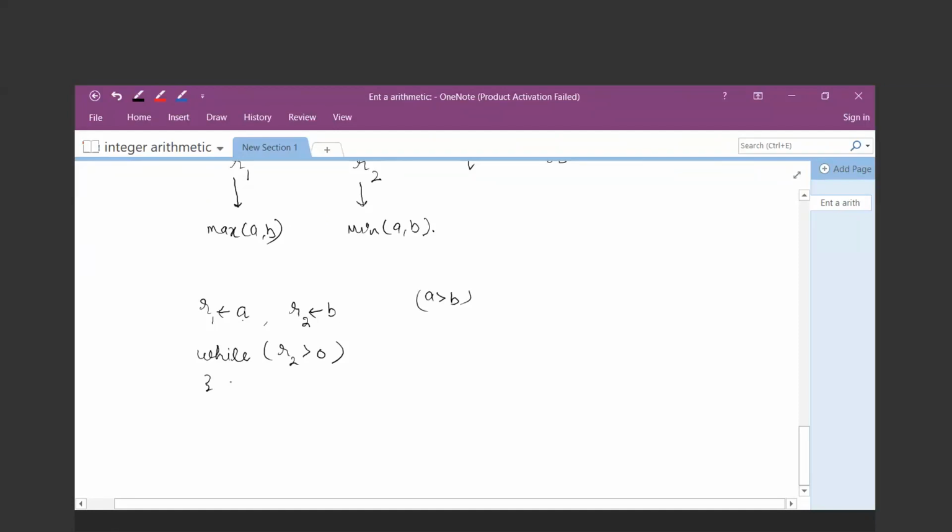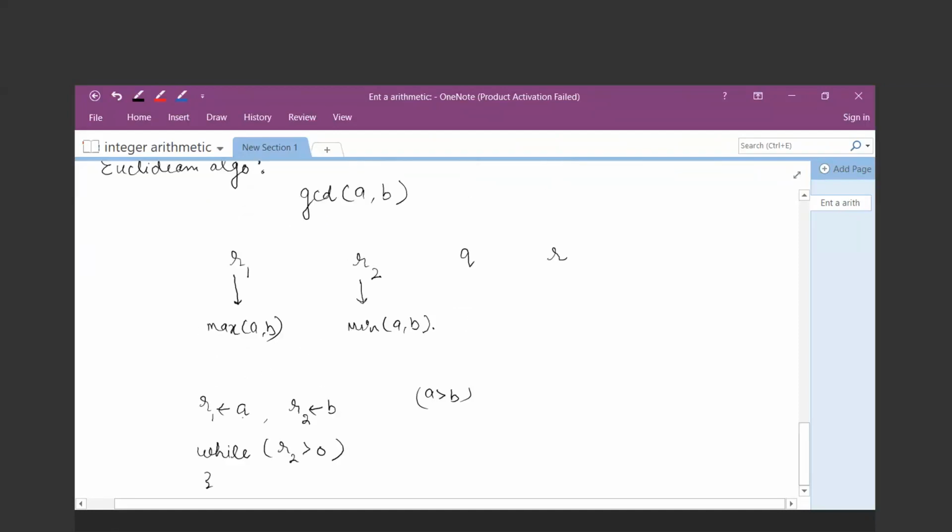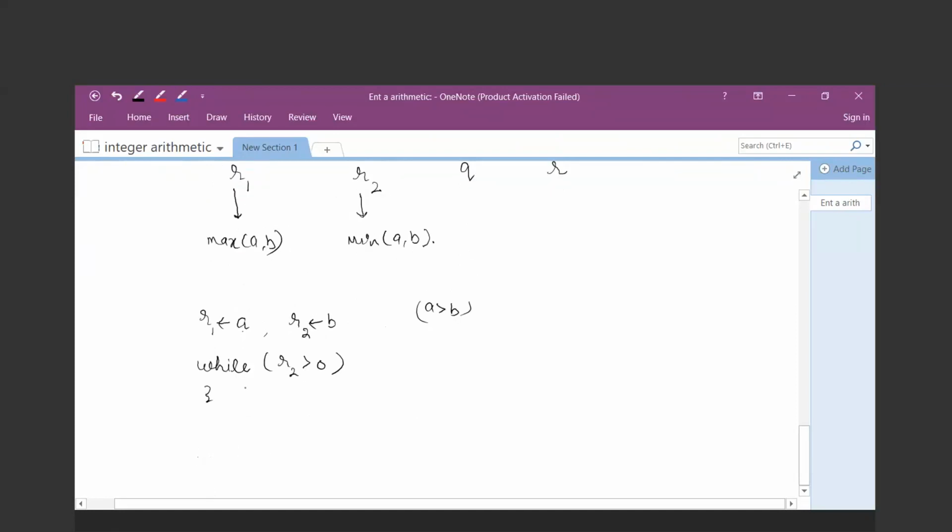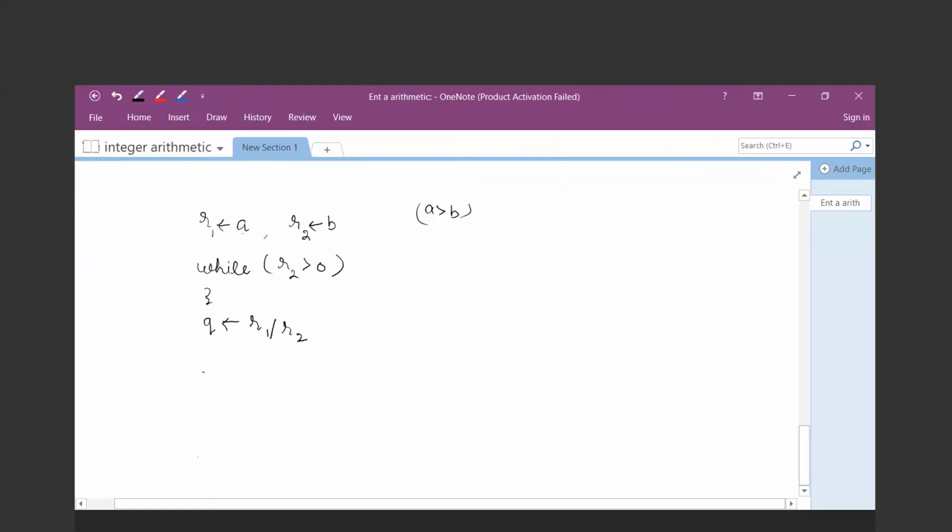We have to find two values: the quotient and the remainder. The quotient is R1 divided by R2, and after finding the quotient, the remainder is R1 minus Q into R2.